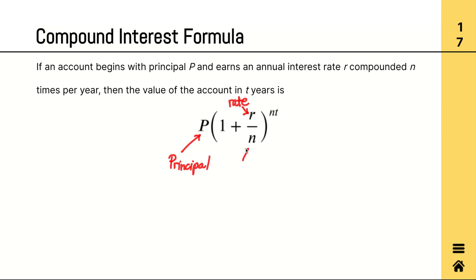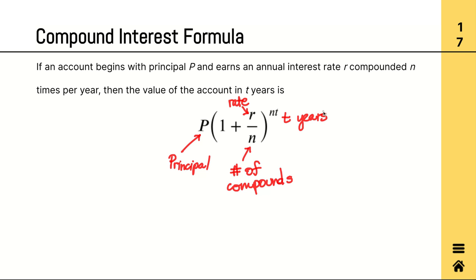N is the time period of your compound. So how many compounds do you get per year? So I'm going to put here number of compounds. And then this is going to be raised to the power of NT. So that's the number of compounds per year, and T is years, of course.